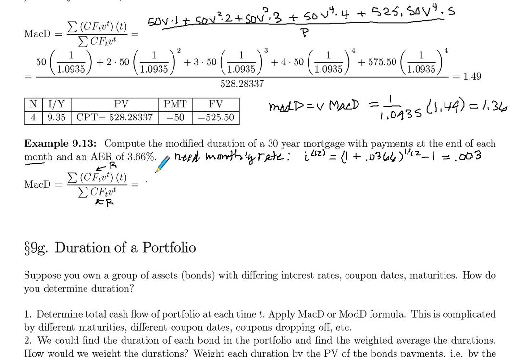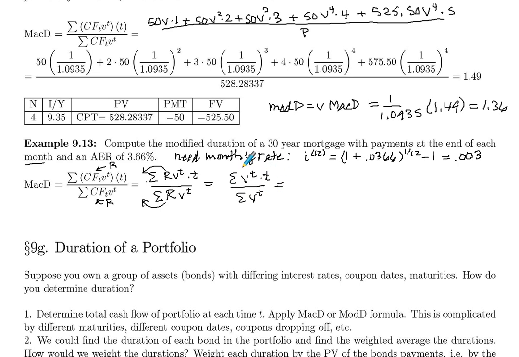So this is actually going to be the sum of R times v to the t times t, and downstairs the sum of R v to the t. These R's are going to factor out and cancel, and so now we're just going to have the sum of v to the t times t over the sum of v to the t.